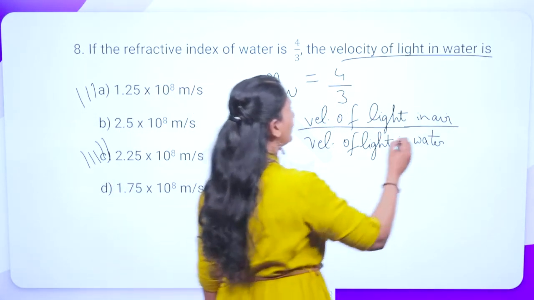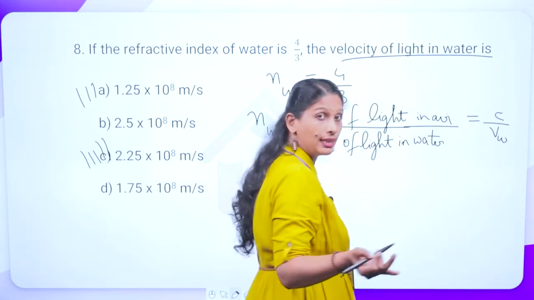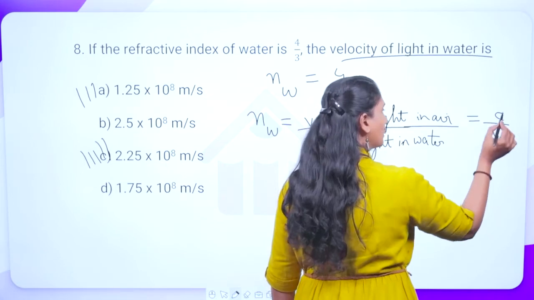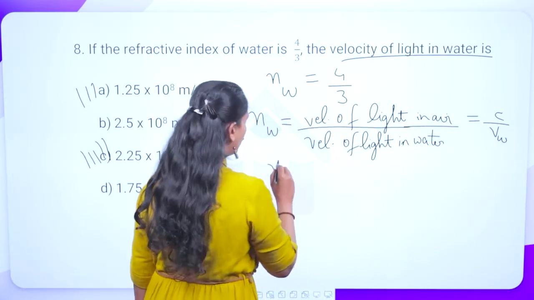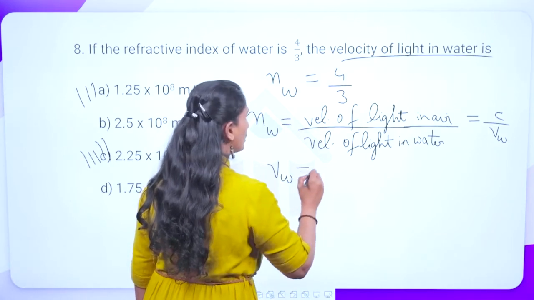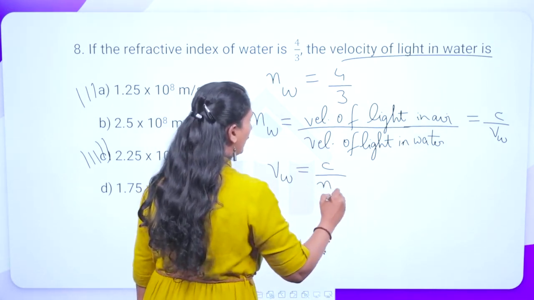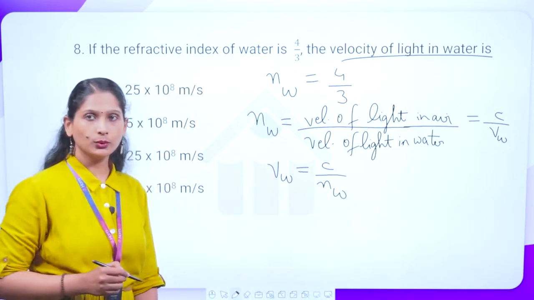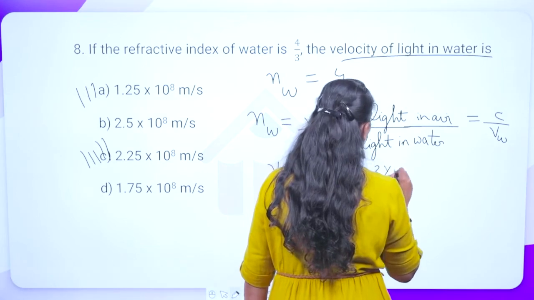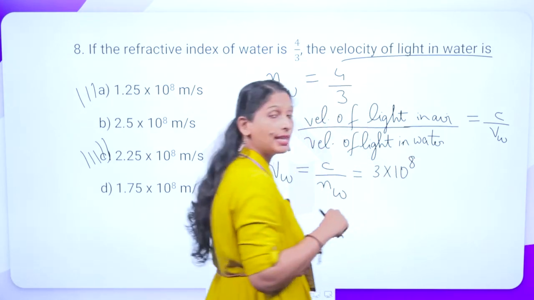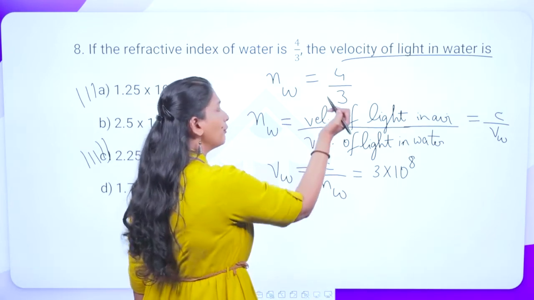So simplifying it, I can write it to be C by VW. C is the velocity of light in air and VW, let it be the velocity of light in water. And if you want this value, then the equation turns out to be VW is equal to C by NW. And we know that the velocity of light in air is 3 into 10 raised to 8 meter per second. Is that not so? And NW is given to be 4 by 3.